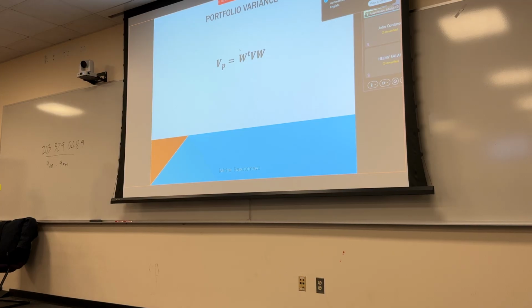Clearly, we have to multiply matrices twice, right? So you have to use MMULT twice. You have to transpose the weight once and multiply it by the covariance matrix, and then multiply that whole thing with the weight, right? So that's the concept. So let's do it together.